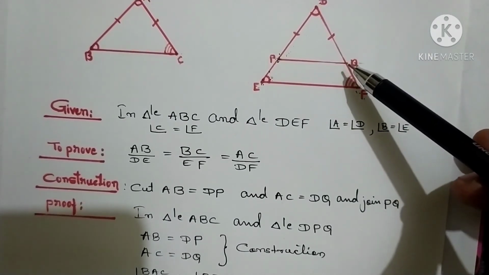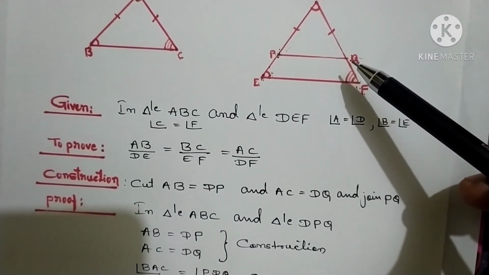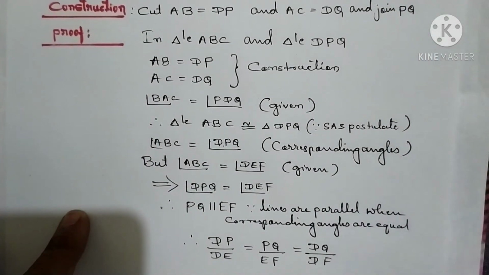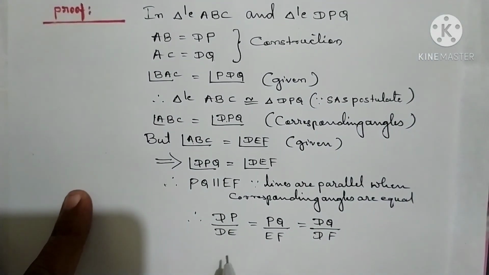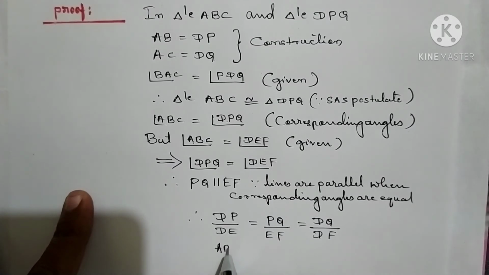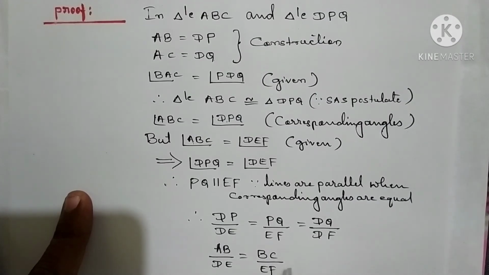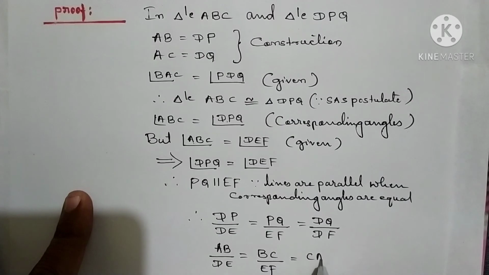In congruent triangles corresponding sides are equal. So AB divided by DE is equal to BC divided by EF is equal to CA divided by FD.